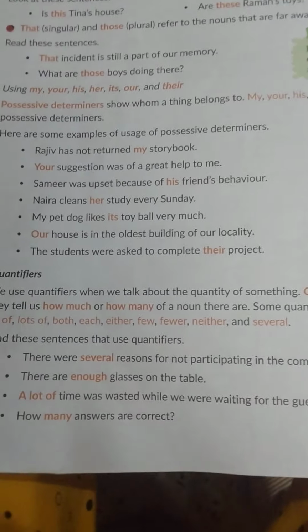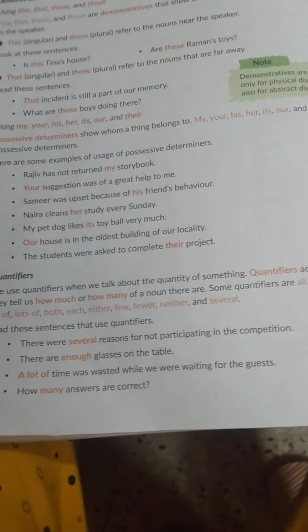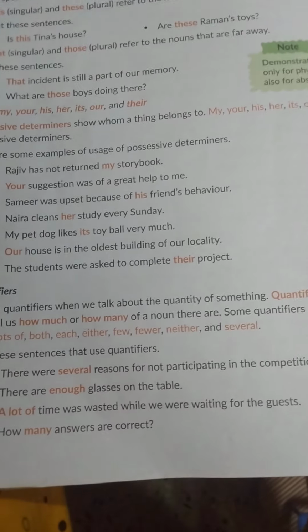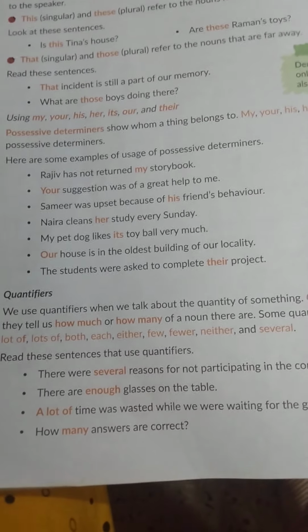There are examples given here. We will use some of the words before a quantity and some before numbers. There are some words like some, any, which will go with both cases, with quantity and with numbers.